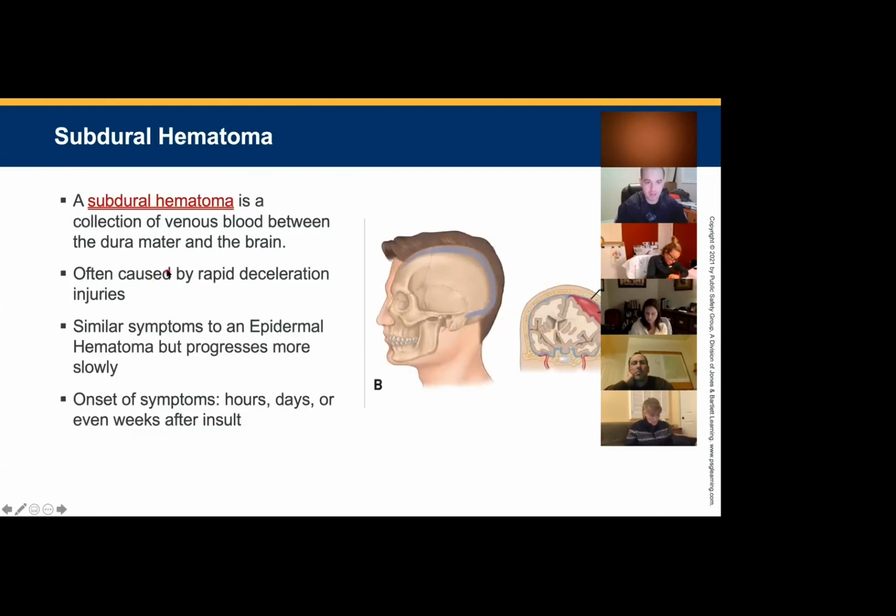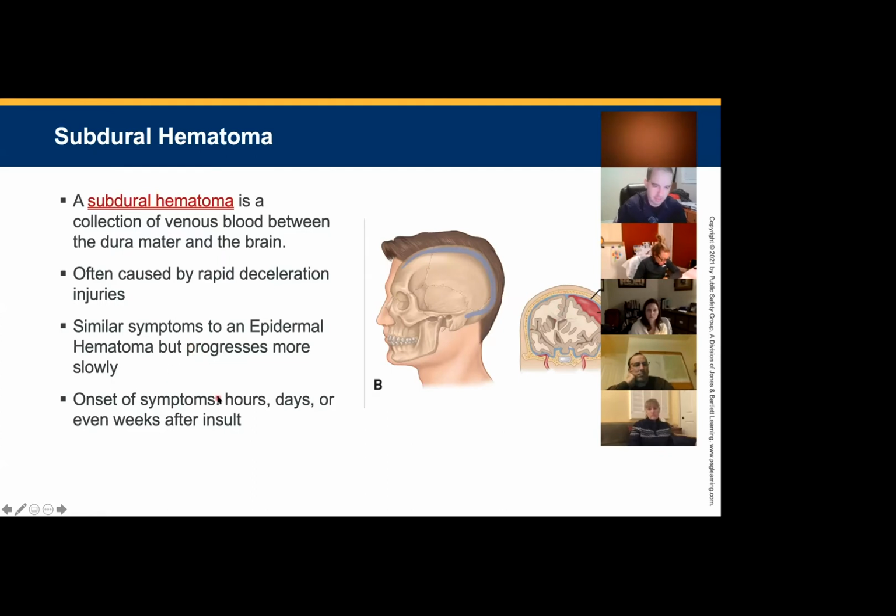This is often caused by rapid deceleration injuries, and that goes back to what I was talking about with older individuals and the shrinkage of the brain. We see a lot of subdural hematomas. They have similar symptoms to an epidural hematoma, but progress much more slowly. It's a much slower bleed, but still deadly nonetheless.